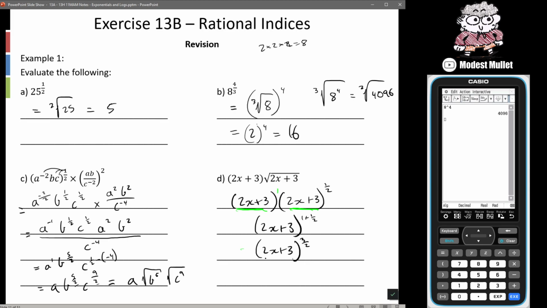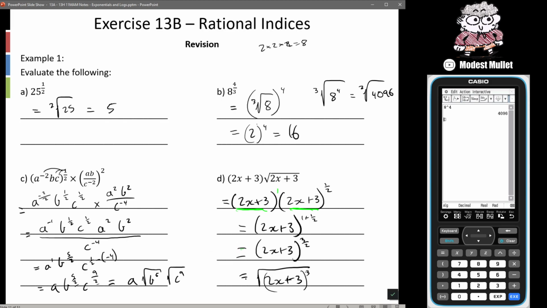Which we could write as, probably would write it this way, 2x plus 3. We're taking the square root of it, and then all of that is to the power of 3. The other way you could write it, of course, is like that. Both of those would be the same answer.